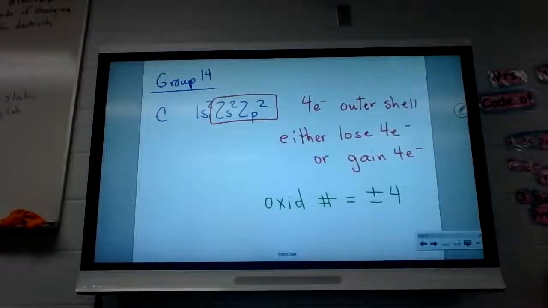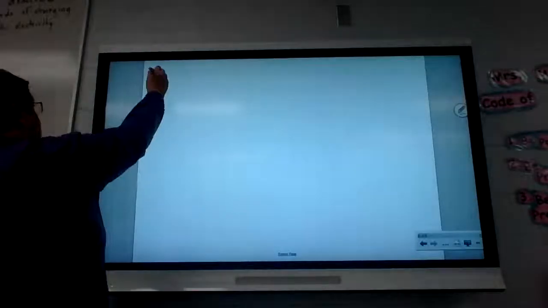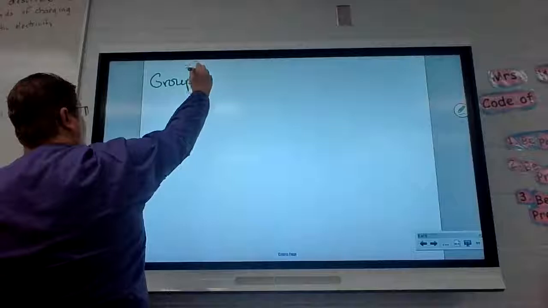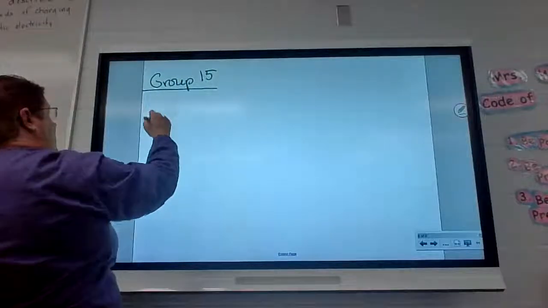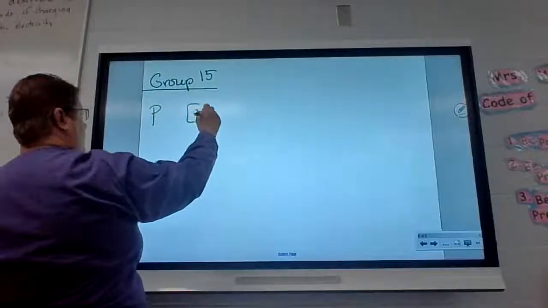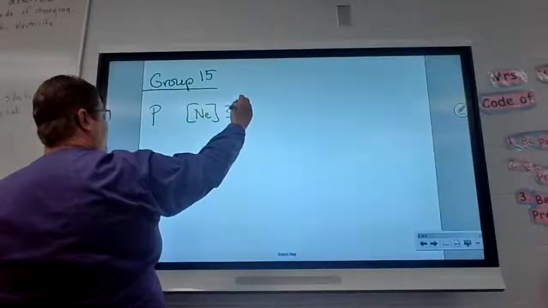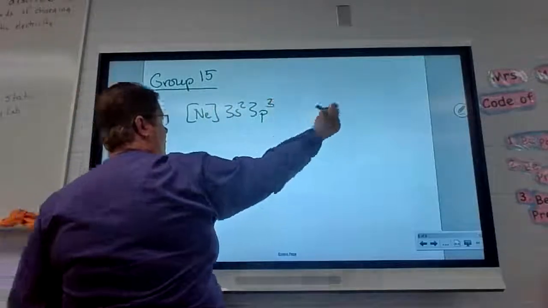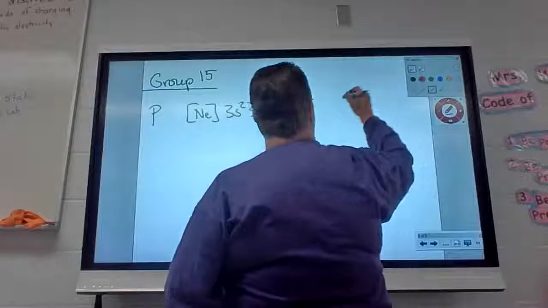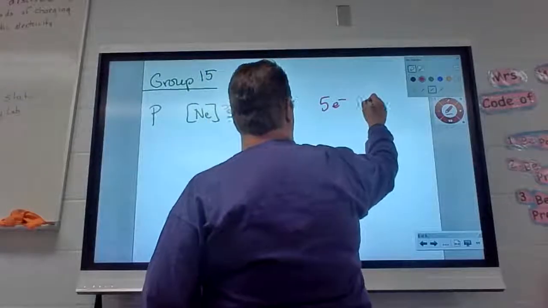So in the next group, we're going to have how many in the outer shell? 5. Got it? Okay. So in group 15, I'm just going to pick phosphorus. We said there were 5 electrons in the outer shell.